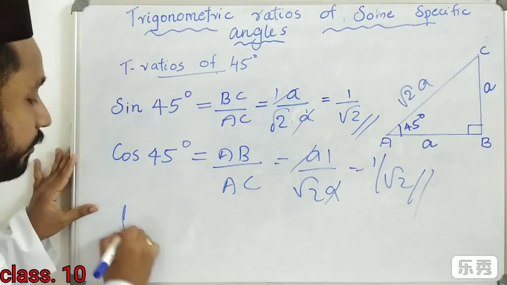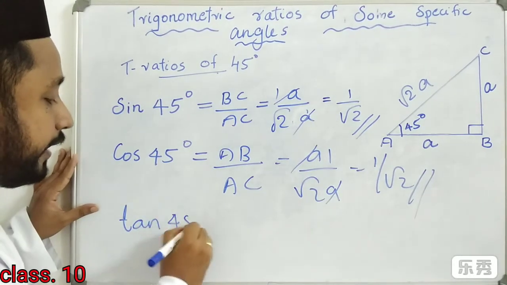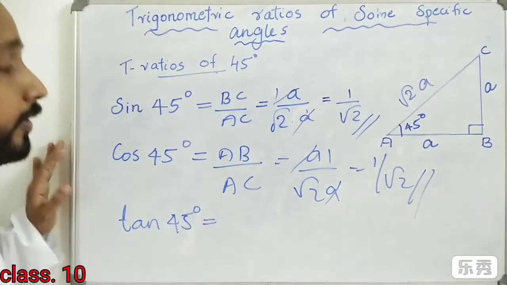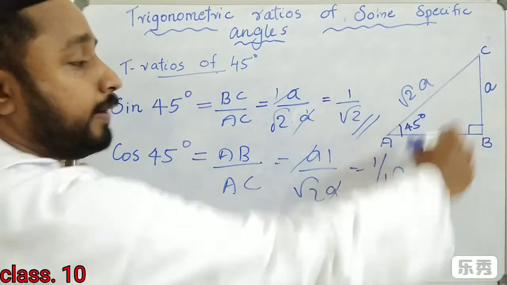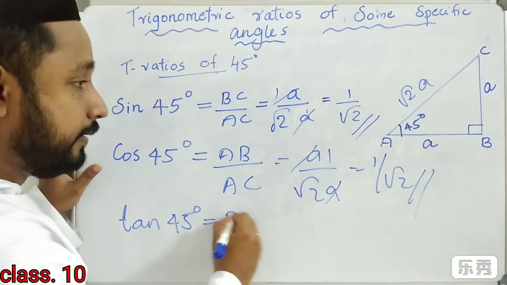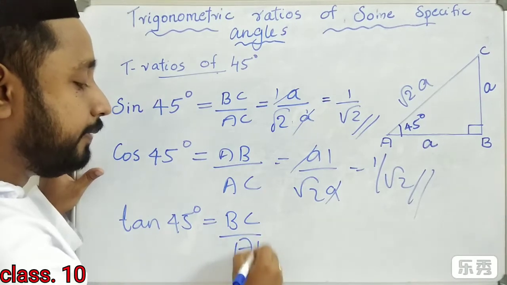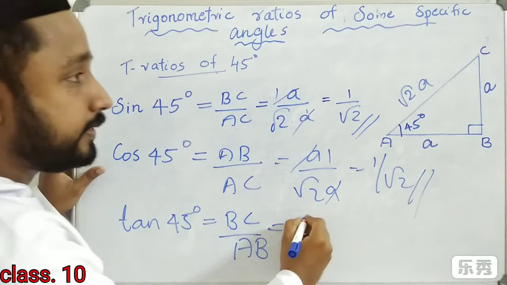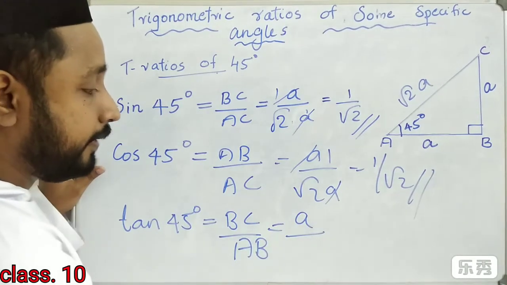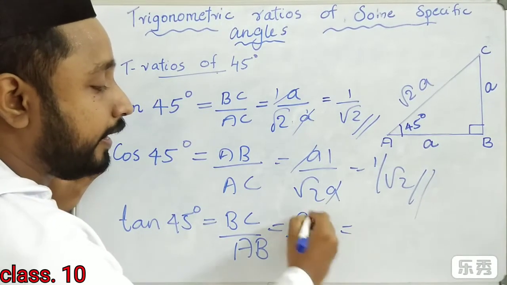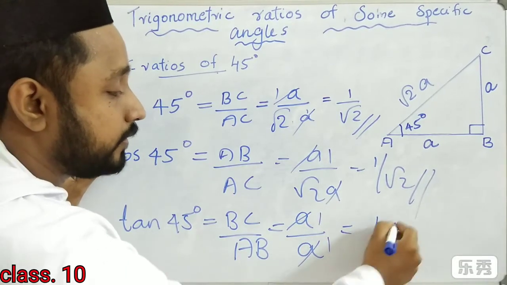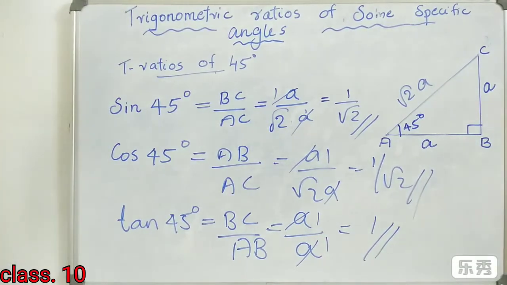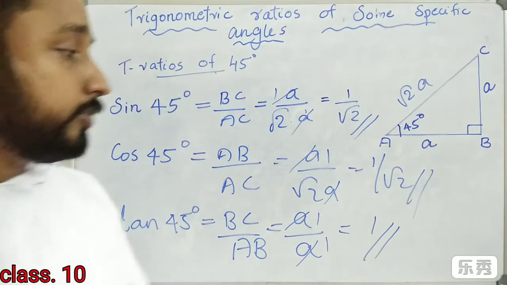Next one is tan 45. Tan 45 degrees is opposite side by adjacent side, that is BC by AB. BC is a and AB is also a. A by a, we can cancel, so the answer is 1. So tan 45 degrees is equal to 1.